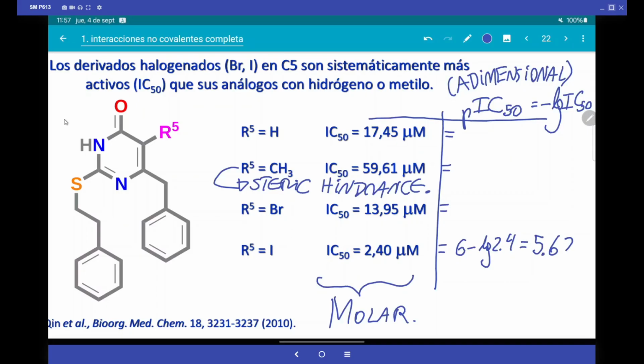The other would be 6 minus the logarithm of 13.95, 6 minus the logarithm of 59.61, and finally 6 minus the logarithm of 17.5. We are going to calculate those values, and there we have it. This is 4.86.